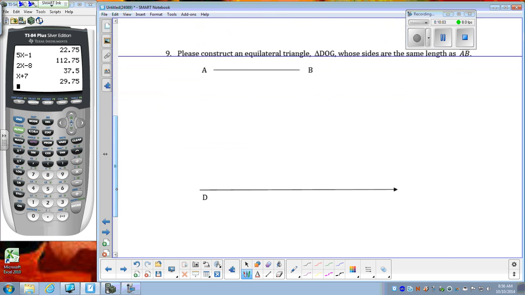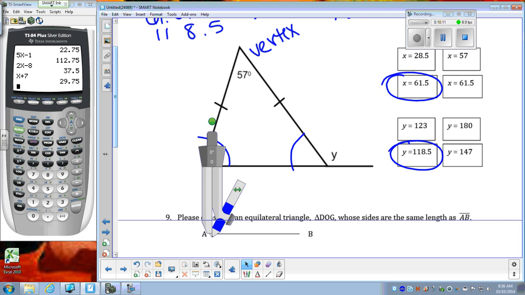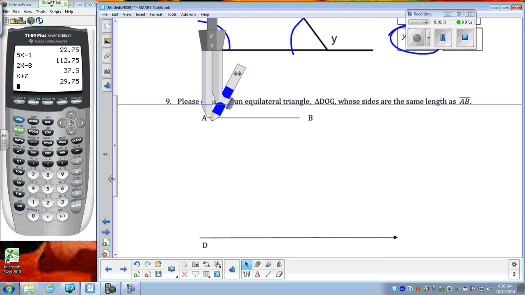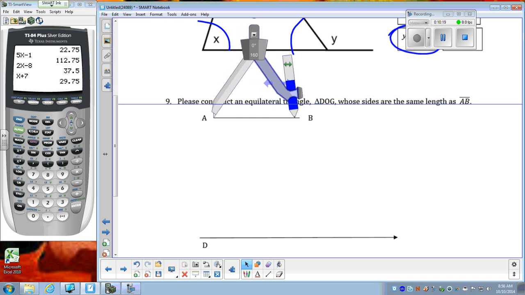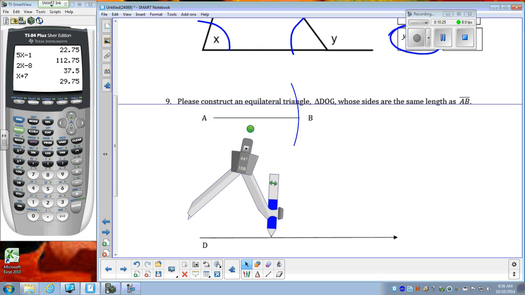Number 9, I need to construct an equilateral triangle. So what I want to do first is I get my compass. I put my compass point on A, pencil point on B, and draw an arc. I'm going to move this down to point D so I can copy this line segment.